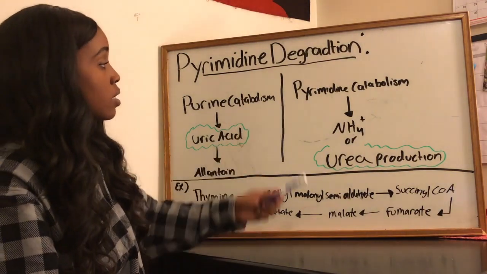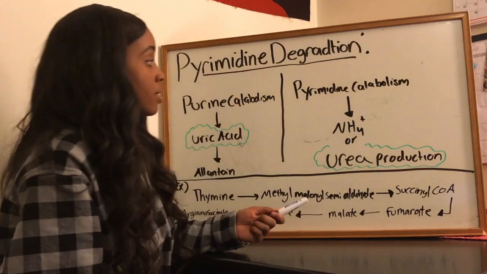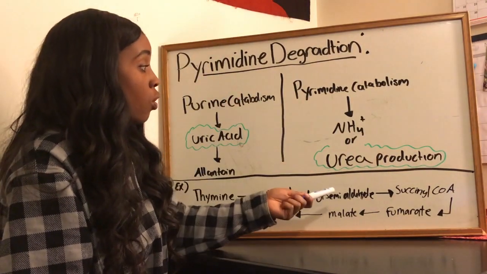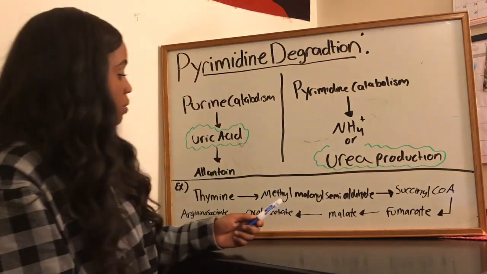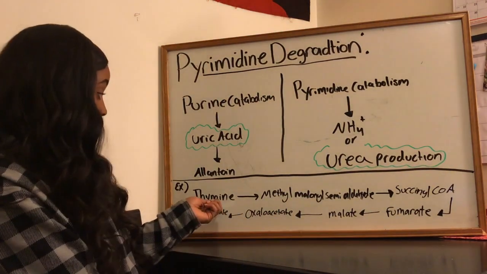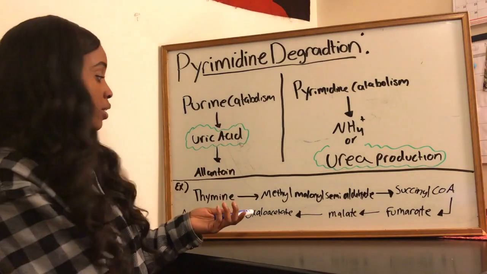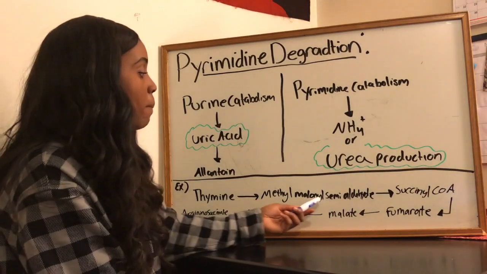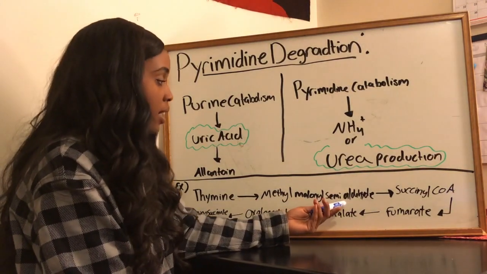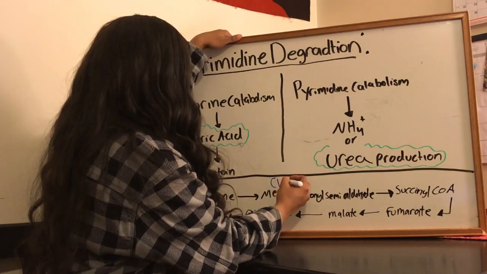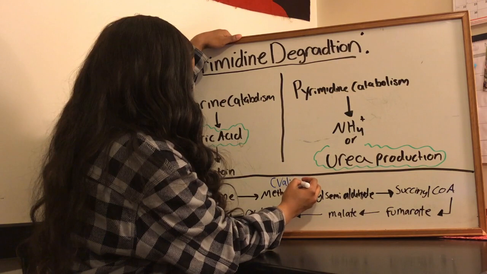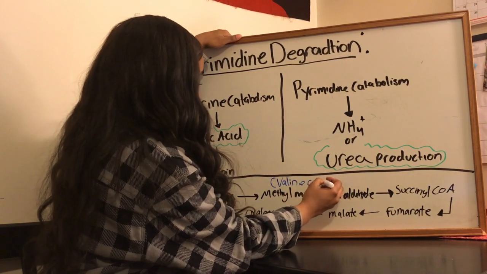But pyrimidines are often catabolized to form ammonium or used for urea production. For example, in thymine catabolism, we just learned that it is degraded into methylmalonyl semialdehyde, which is an intermediate in valine catabolism.